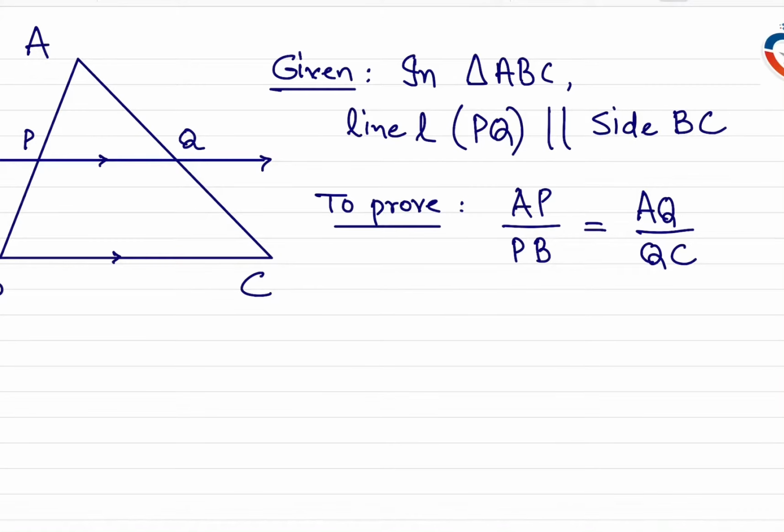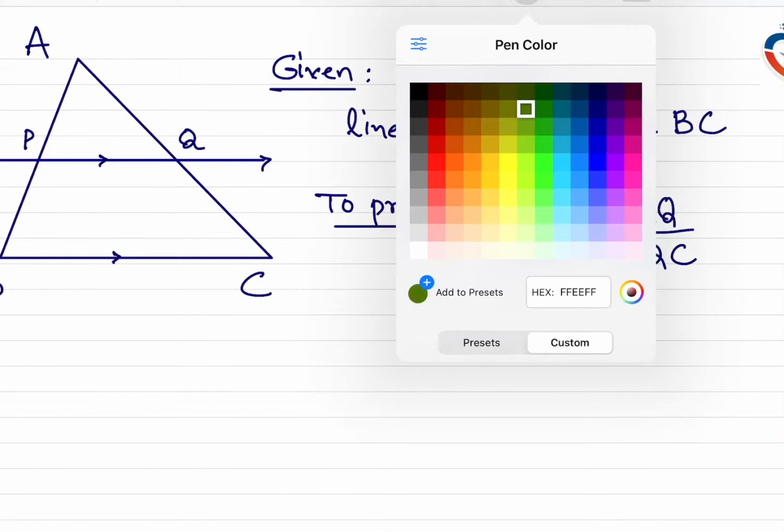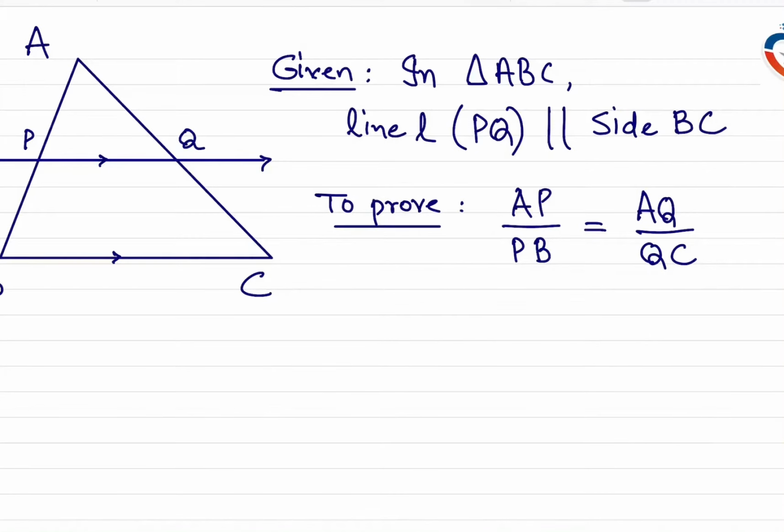Now to prove that, we make a construction here. What we do is we join BQ and CP. So the construction is draw segment BQ and segment PC. That's your construction.